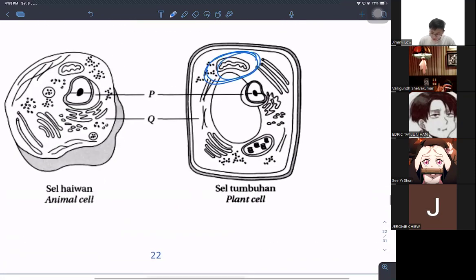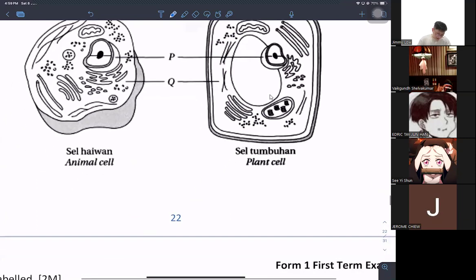This is what is so-called mitochondria. As I said, once you see something like zigzag shape in the spherical shape, it is considered as mitochondria. And the small black dots would be the chloroplast. Cell wall, cell membrane. So know these things. This one is what is so-called vacuole.